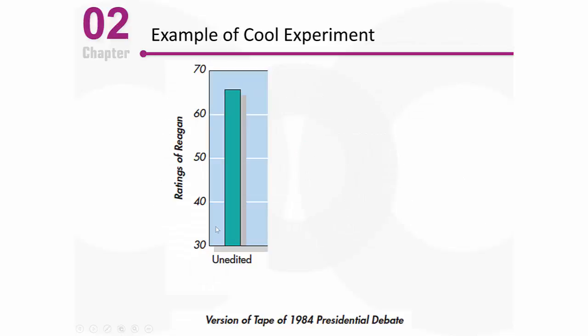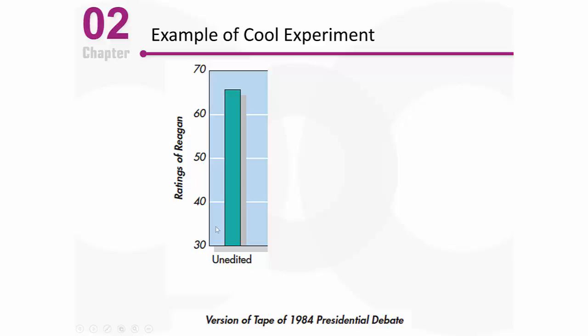Let me give you an example of a really cool experiment. Just imagine a presidential debate, and this particular experiment showed people video from a 1984 presidential debate between Ronald Reagan and Walter Mondale. And in this particular debate, Reagan had some witty one-liners that went over pretty well with the audience.